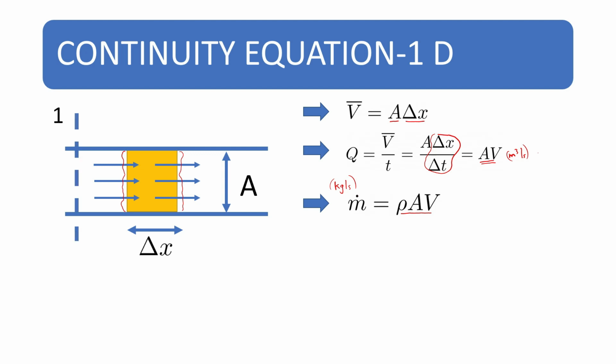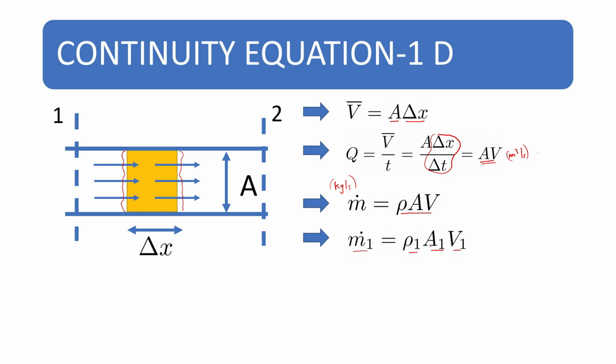Now we will consider two sections, 1 and 2, in the pipe. So what is the mass flow rate across this section 1? It is equal to m1 dot, that is equal to rho 1 A1 V1.